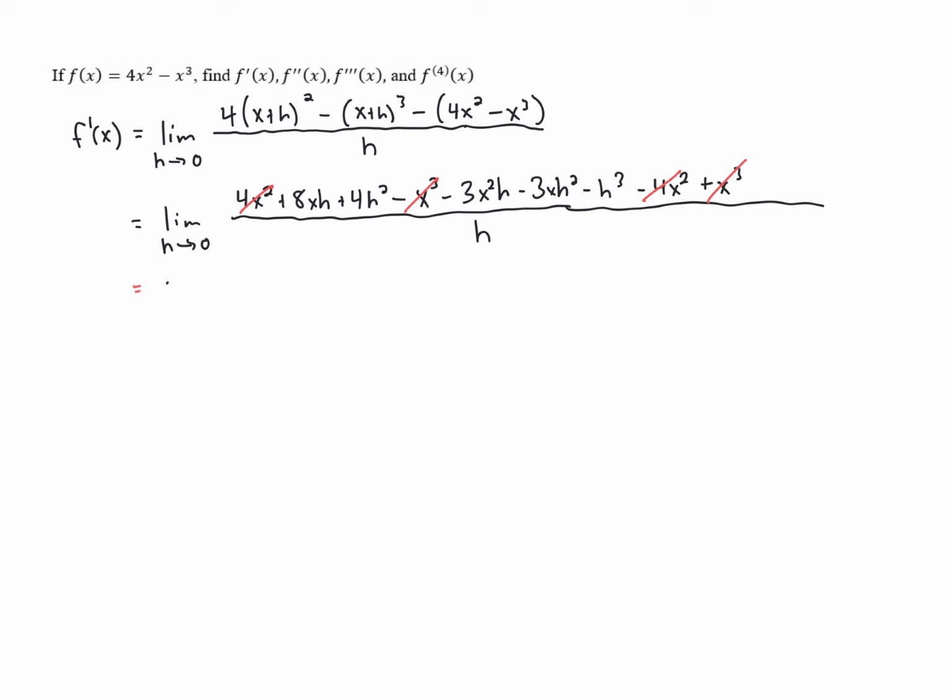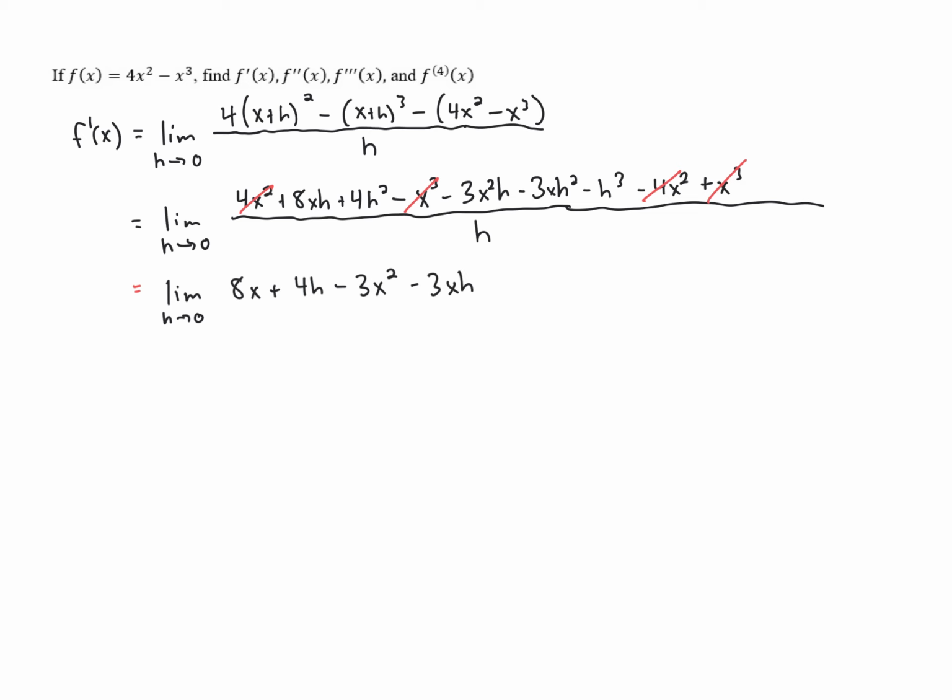So we have the limit as h approaches 0 of 8xh divided by h is 8x. 4h squared divided by h is 4h. Negative 3x squared h divided by h is negative 3x squared. And then negative 3xh squared divided by h is negative 3xh.